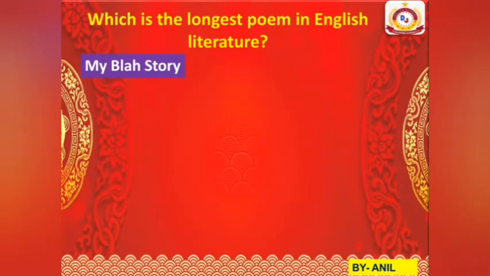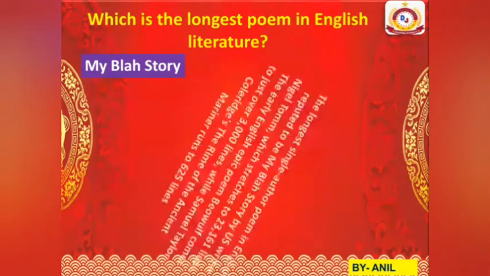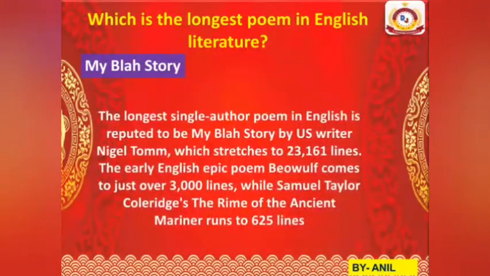Which is the longest poem in English literature? My Blaha Story is the longest poem in English literature. The longest single-author poem in English is reputed to be My Blaha Story by the US writer Nigel Tomm, which stretches to 23,161 lines.